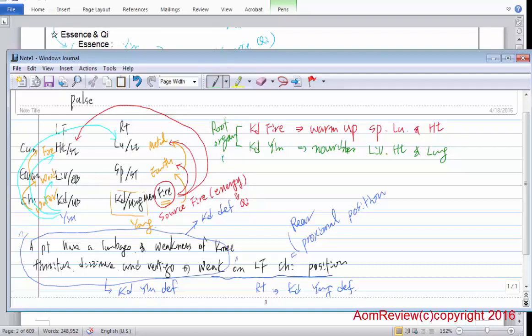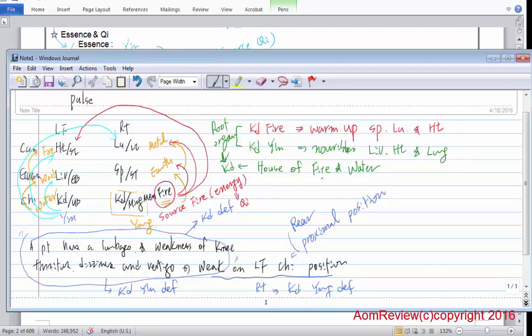It's the kidney, right? It's the root of the yin, root of the yang. So kidney is called the house of fire and water. Because source fire and source water is actually carried by the kidney.